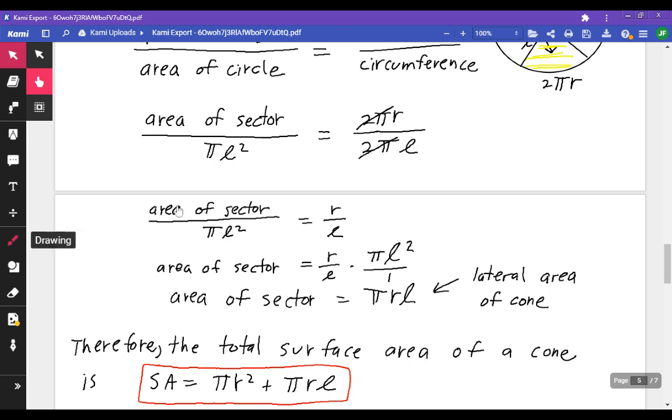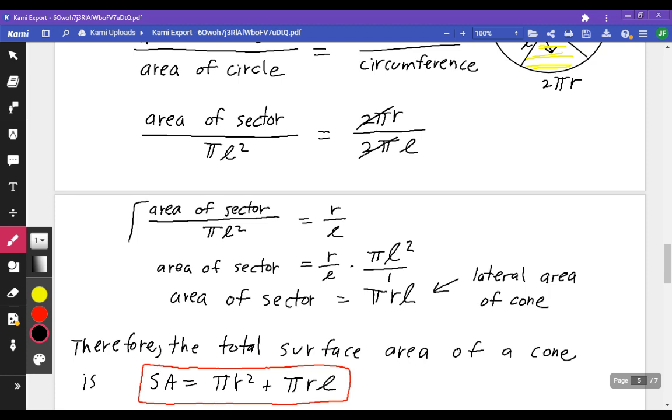So again, what you're doing here is multiplying by pi L squared on both sides. And so the pi L squareds cancel on the left side, and on the right side, those L's cancel, one on top, one on bottom, when you multiply two fractions. So you just have pi times r times L.